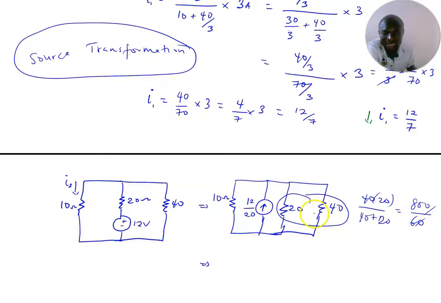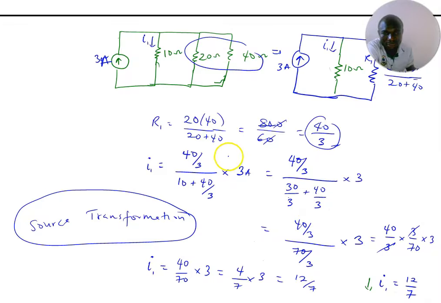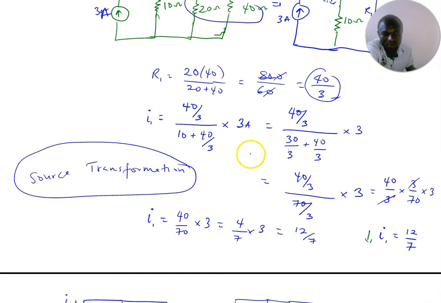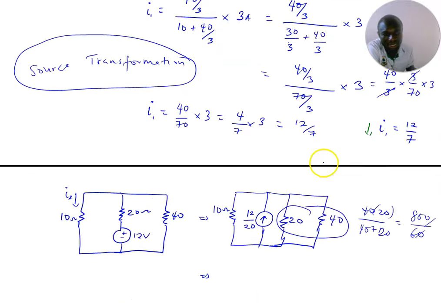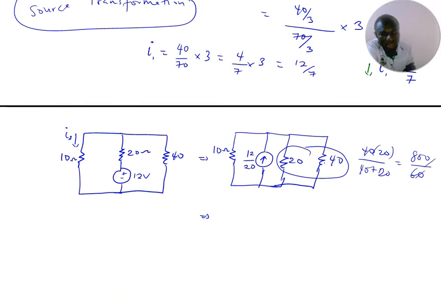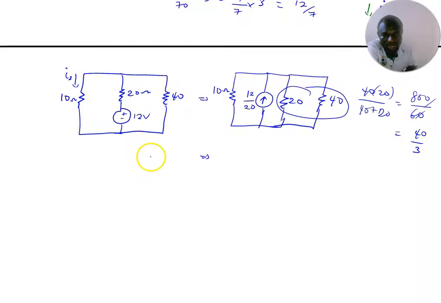This is almost the same as this one. So we were able to simplify it to get 40 on 3. Right, so at the end, the RT is going to be 40 on 3.